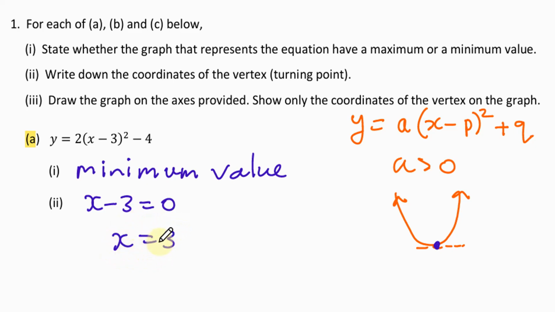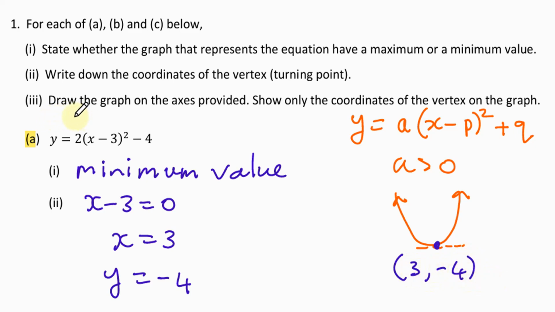So the x coordinate of the vertex or turning point will be 3. How do we get the y coordinate? The y coordinate will always be the value of q here. In this case, q is negative 4. So we know our y coordinate will be negative 4. So the coordinates of the vertex or turning point will be 3 and negative 4.